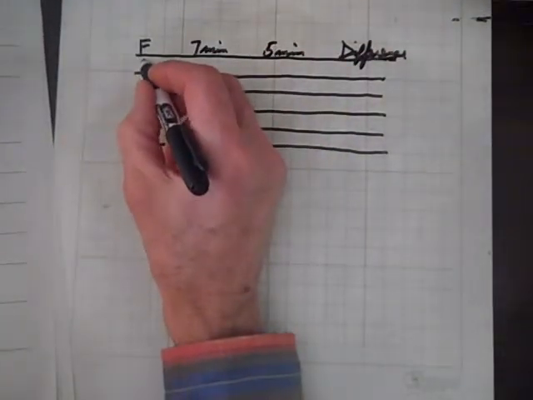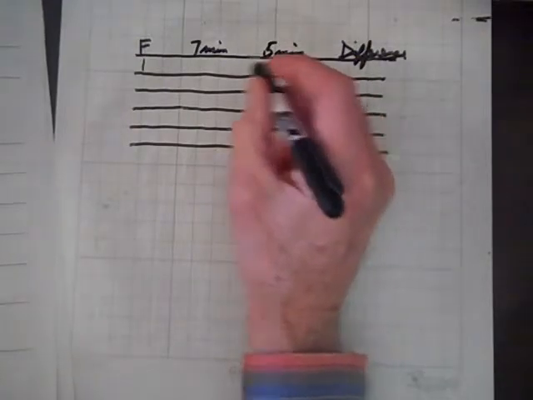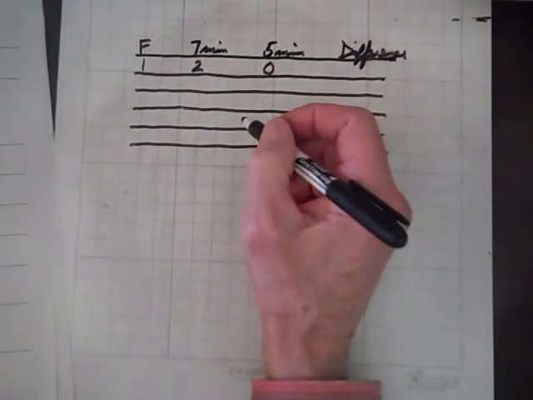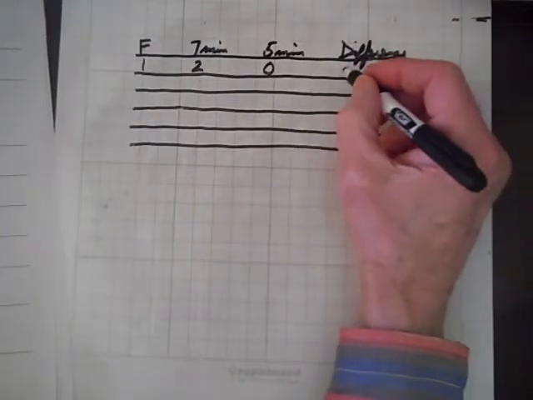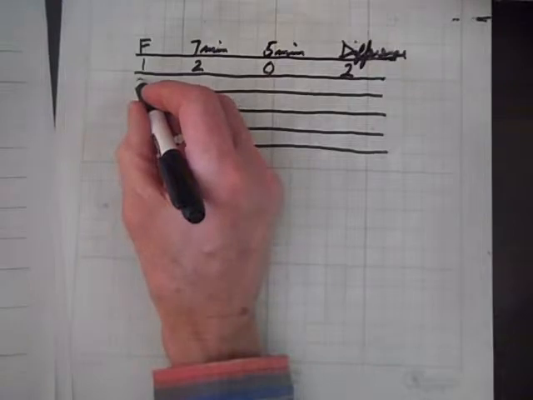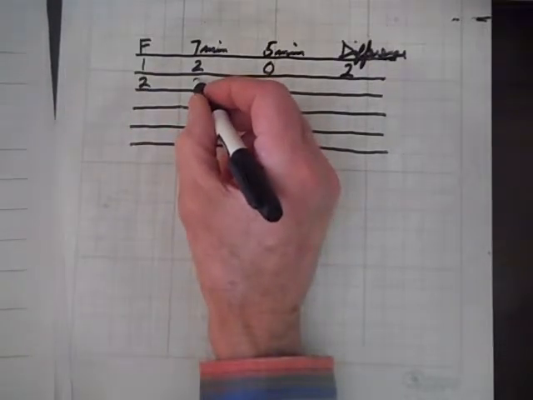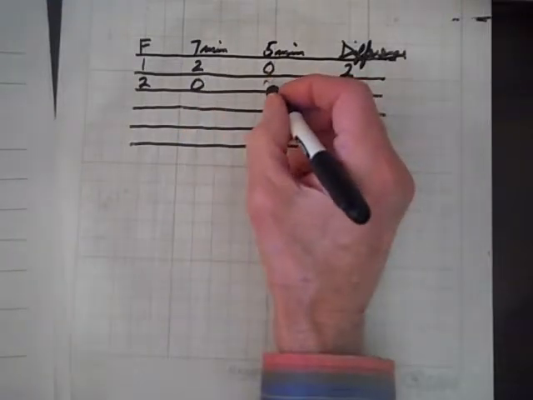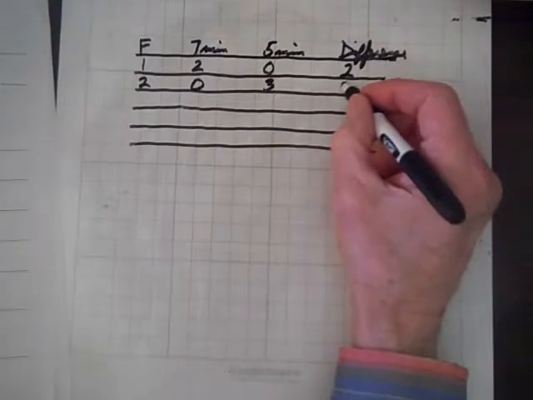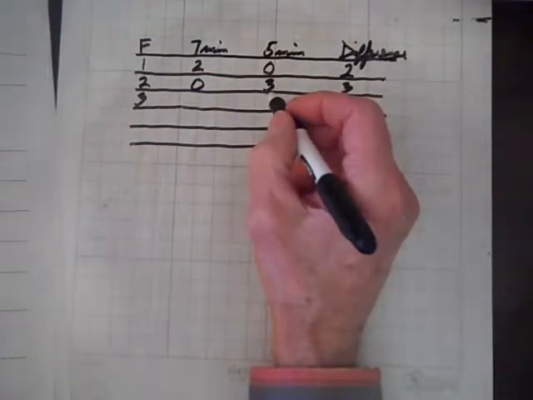So first flip, when 5 minutes is empty, we'll have 2 minutes left in the 7-minute hourglass, so the difference is 2. Now let's flip them both again. When the 7-minute hourglass runs out, 2 away from 5 is 3 minutes, so we'll have a 3-minute difference. Now let's flip again.